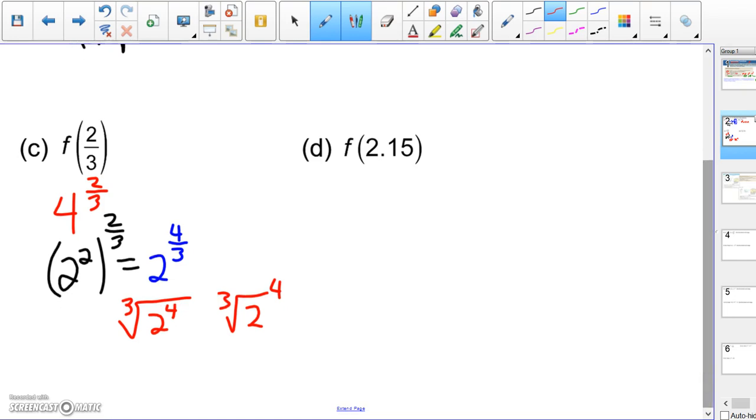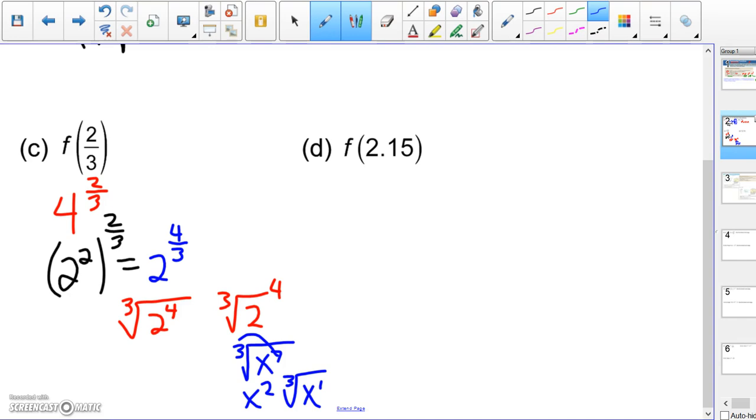The cubed root of 2 to the 4th. Remember back to your algebra days, if you had like the cubed root of x to the 7th power, you were like, how many times did 3 go into 7? And it went in twice. So you said x squared with 1 left over inside the cubed root. It's basically division. 3 goes into 7 twice with 1 left over.